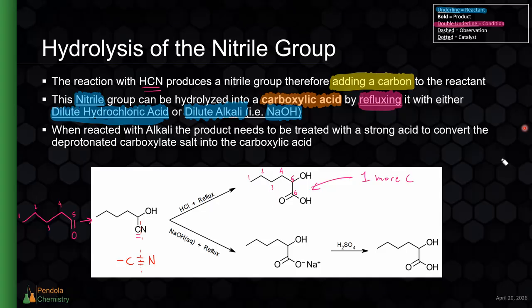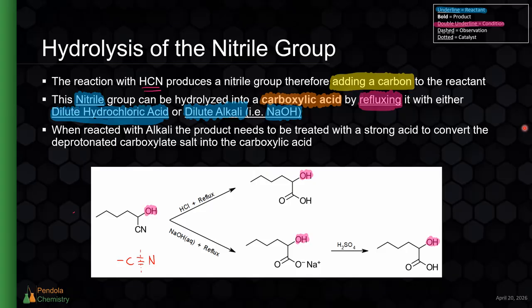So we can see here, and let me clean this up a little so it's easier to follow. We're going to break apart our carbon triple bond nitrogen, and I'm going to highlight a few things so we can follow them around. Our hydroxyl group stays the same. Notice how the hydroxyl group does not change. Whether we use the acid or the base route, the hydroxyl group remains unchanged.